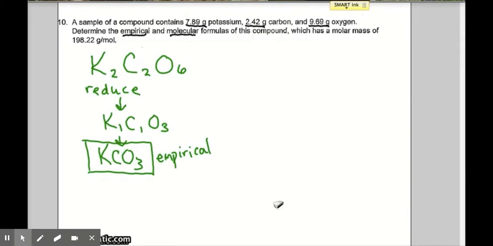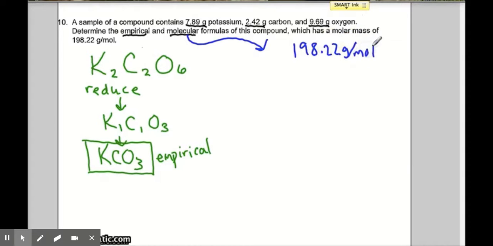So now we're going to move on to the molecular formula and finding that out. And that's where we use this 198.22 grams per mole. That's where that comes into play. So we take our 198.22 grams per mole.